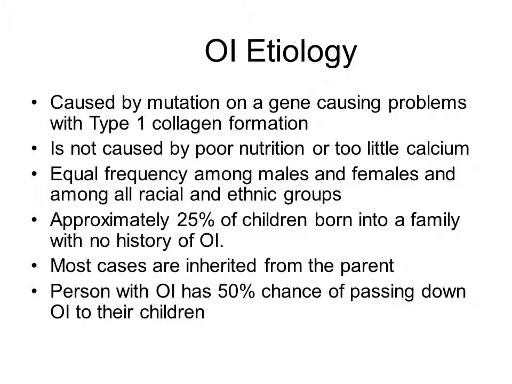There's equal frequency among males and females and among all racial and ethnic groups. Approximately 25% of children born into a family have absolutely no history with osteogenesis imperfecta. So that's a pretty big chunk that have no genetic basis behind it. However, most cases are inherited from the parent, and a person with OI has a 50% chance of passing down OI to their children.